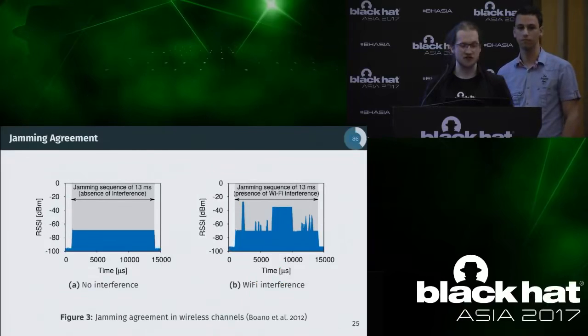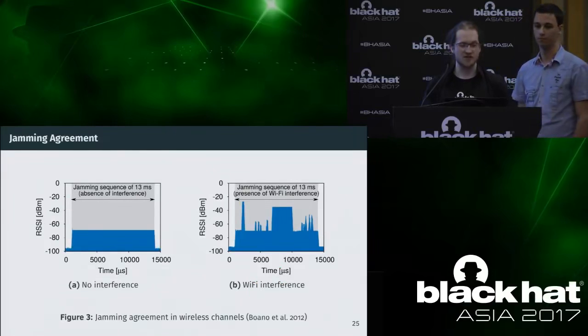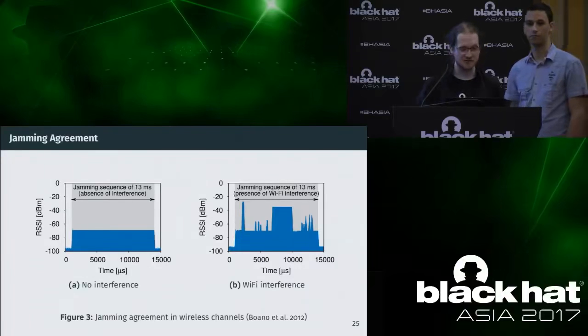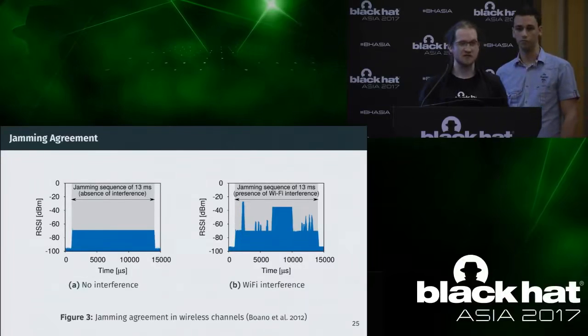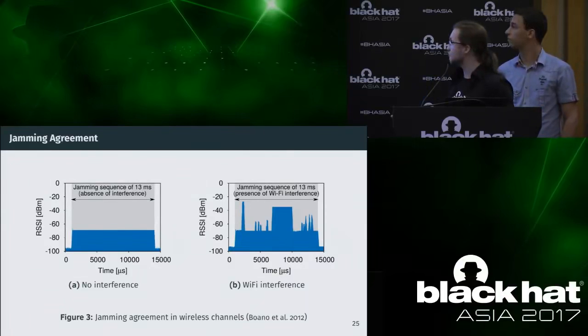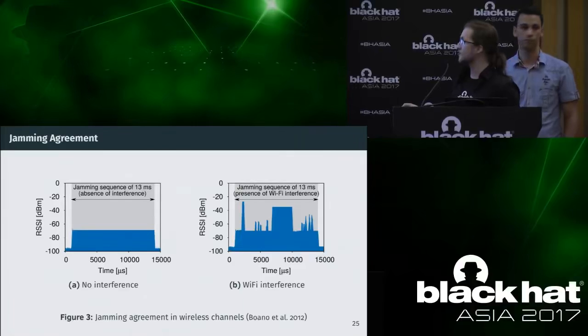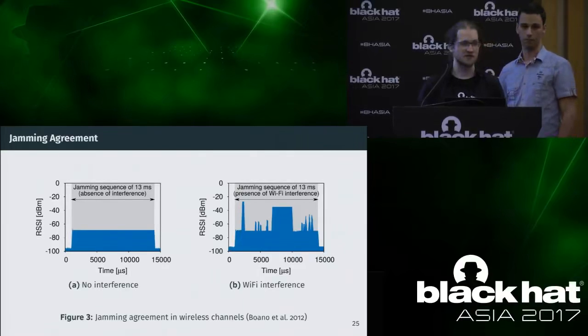This is also actually from wireless communication. My colleague Buano published this as a jamming agreement for wireless communication in Zigbee networks. Here we see first the normal noise floor and then the jamming agreement. We raise the noise floor to a certain level and stay there for a certain period of time.